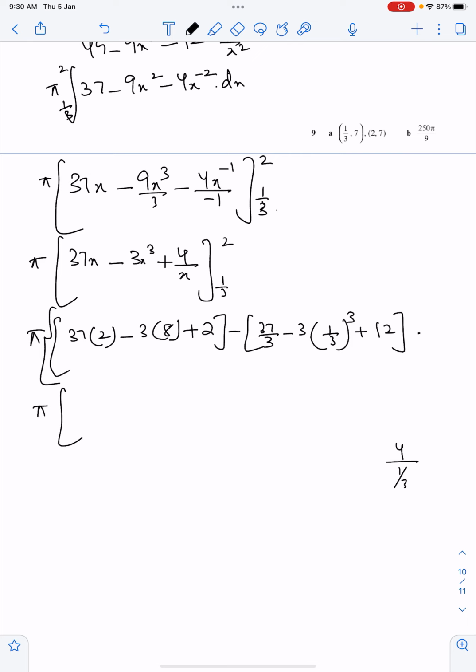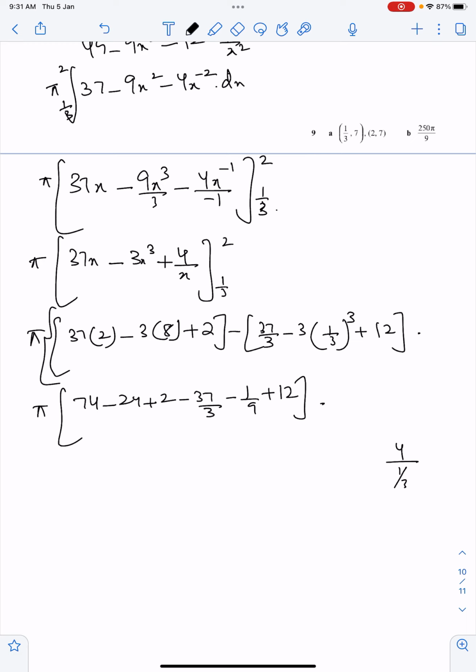Okay, simplifying it further, 74 minus 28 plus 2 minus 37 upon 3 minus 3 upon 27, which is 1 upon 9 plus 12. So I'm simply using the calculator to solve this. 74 minus 24 plus 2 minus 37 upon 3 minus 1 upon 9 plus 12.